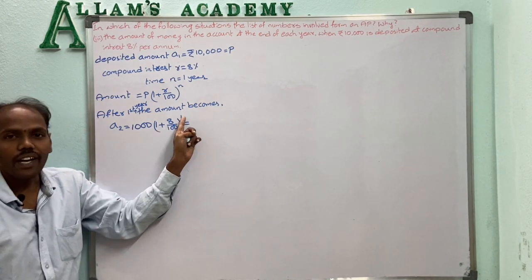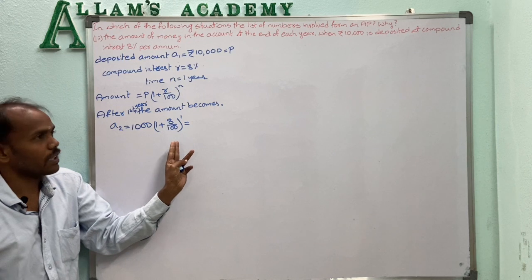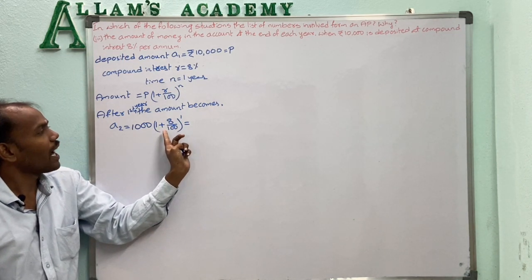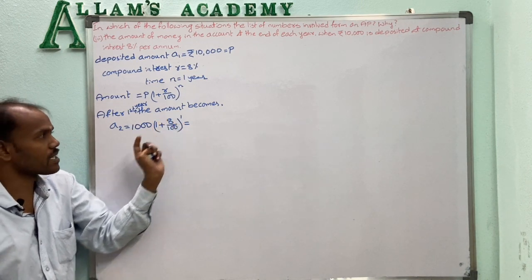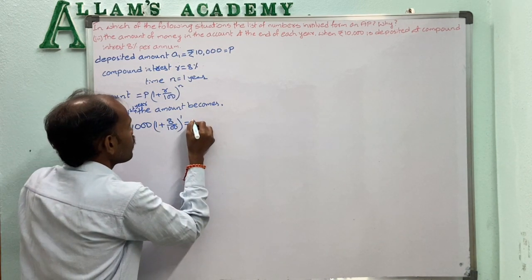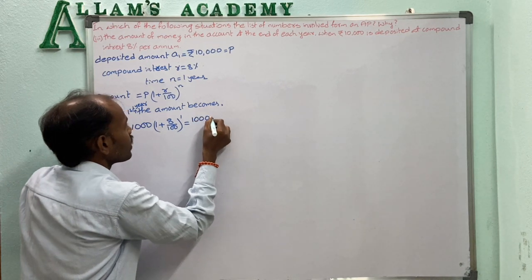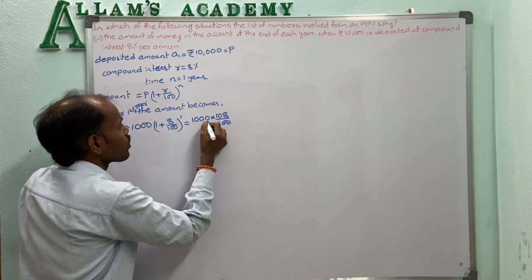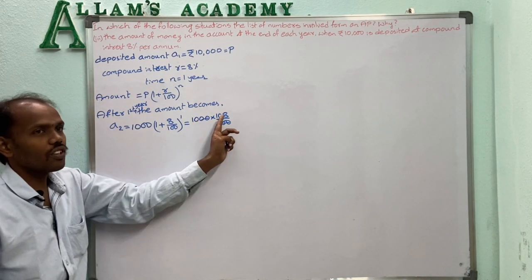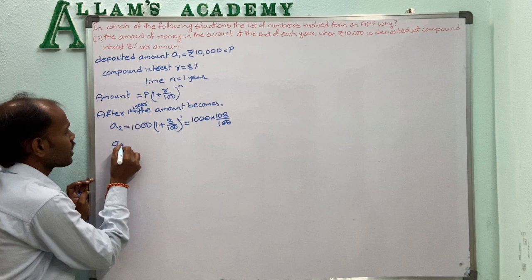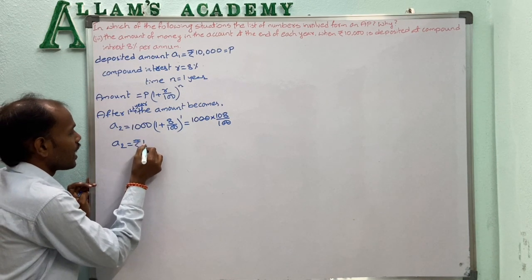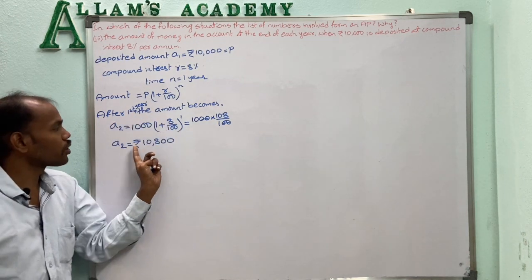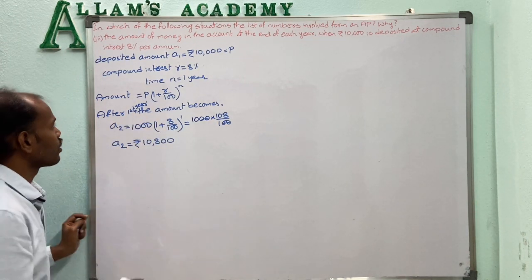Whole power 1 means that number only. So 1 plus 8 by 100, if we do the LCM, 100 plus 8 equal to 108. So 10,000 into 108 by 100. Two zeros get cancelled. 10 into 108 is nothing but 10,800 rupees. So after first year the amount becomes 10,800 rupees.